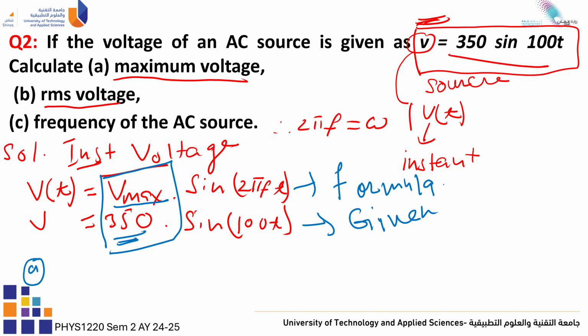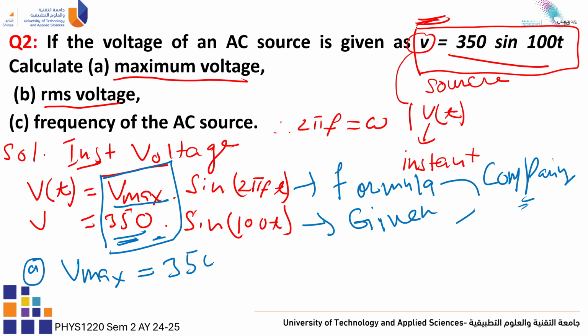I am just comparing the two pieces of information. Comparing this part gives me the value of the maximum voltage, which is equal to 350 volts.